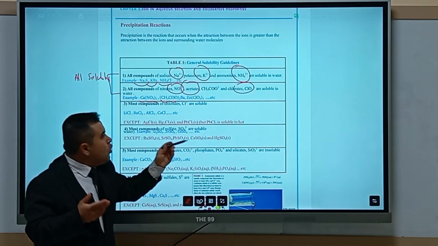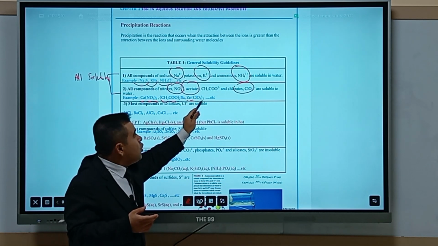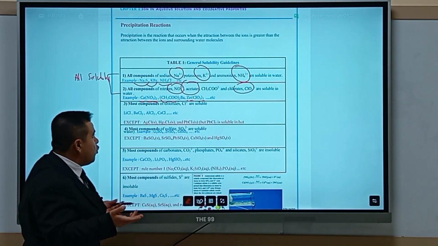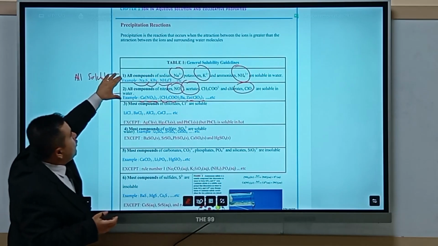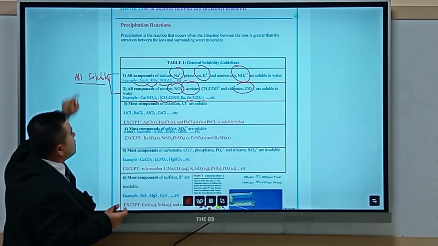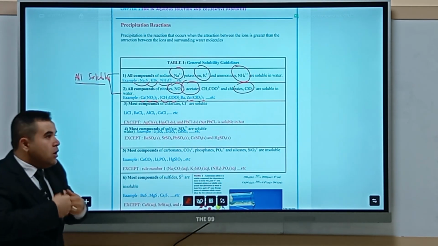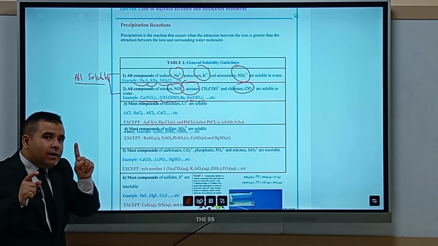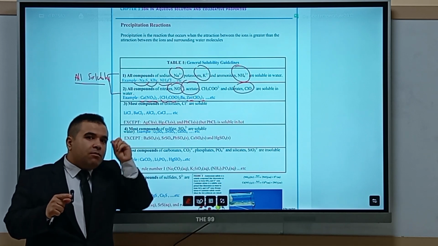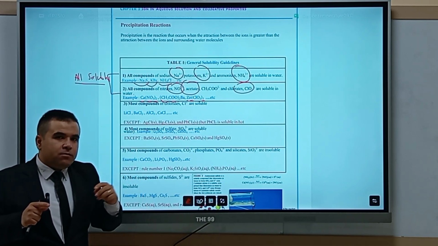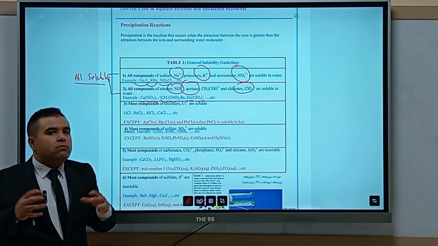Barium acetate is soluble because of the acetate. Zinc chlorate, soluble because of the chlorate, and so on. As I told you, the common point between these 2 is that they are all soluble compounds, 3 anions with 3 cations. So we can combine all in one. We can say any compound containing sodium, potassium, ammonium, 3 cations, with the nitrate, chlorate, and acetates, 3 anions, becomes soluble.